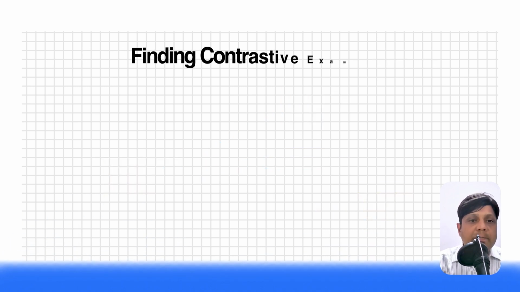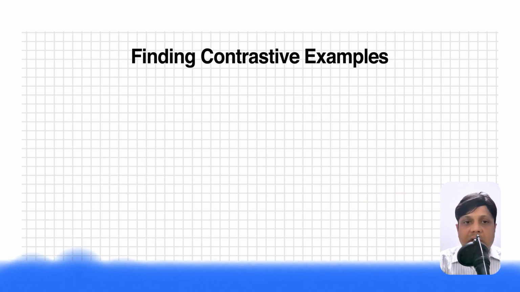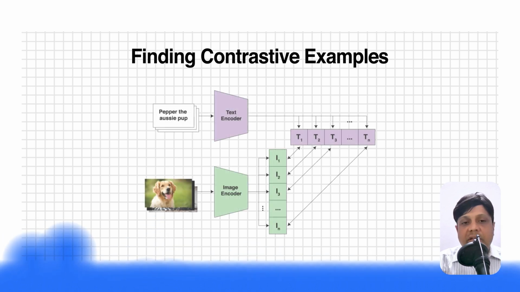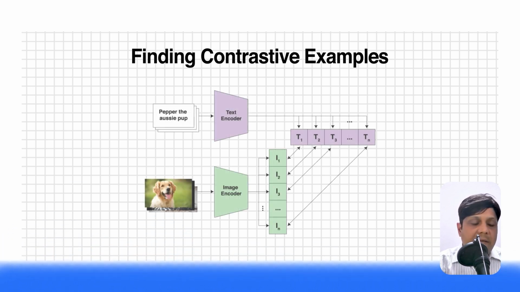So how do we apply contrastive learning for multimodal data? How do we find contrastive examples? One way is, let's say we have a text and a corresponding image.